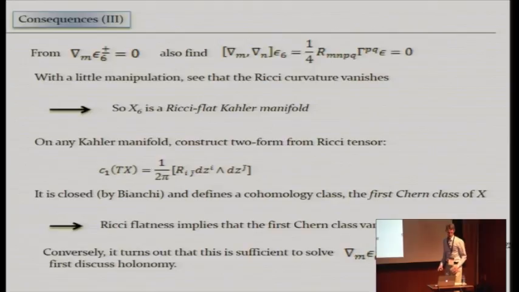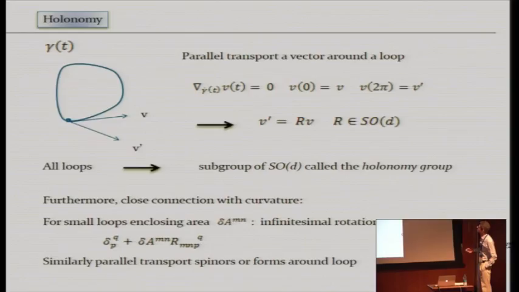But before we do that, we can gain some more insight into this problem by looking at this whole setup from the point of view of holonomies. So let's step back a little and discuss a little bit about holonomies on a manifold. Okay.